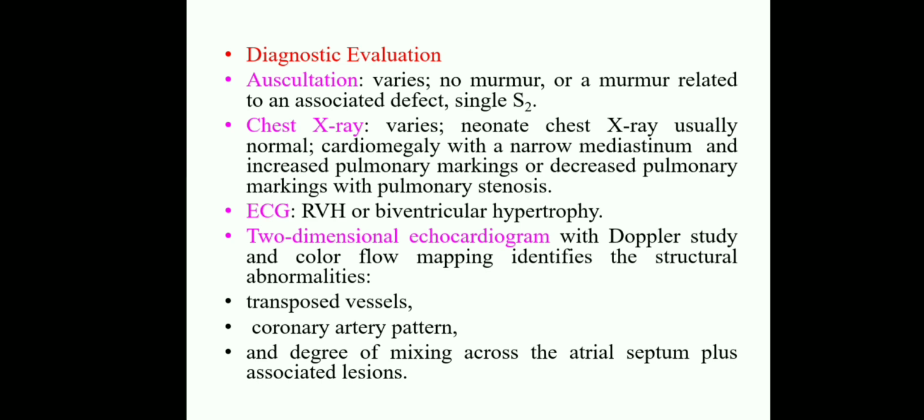The neonate's chest X-ray is usually normal, but the child may have cardiomegaly with a narrowed mediastinum and increased pulmonary markings. Decreased pulmonary markings with pulmonary stenosis may be there. So PS is there. This chest X-ray shows that the child is suffering with pulmonary stenosis, and increased pulmonary markings we will also see. Okay, this is about the diagnostic evaluation of chest X-ray.